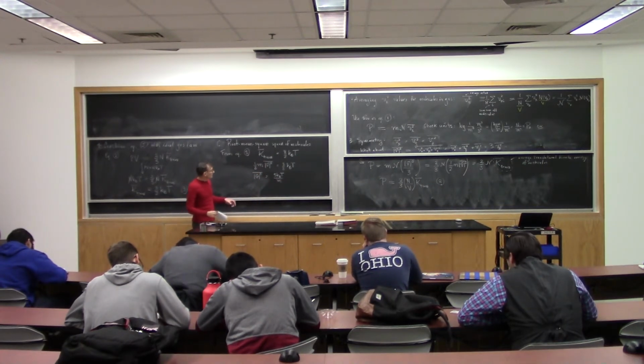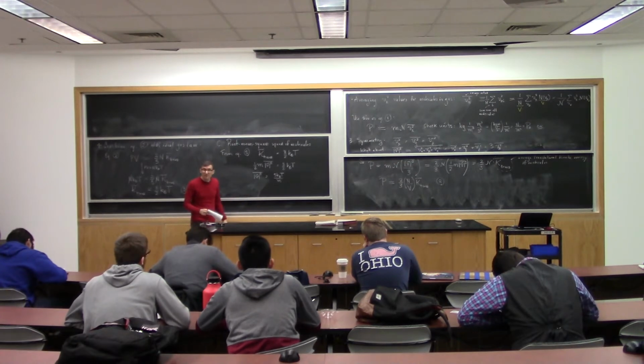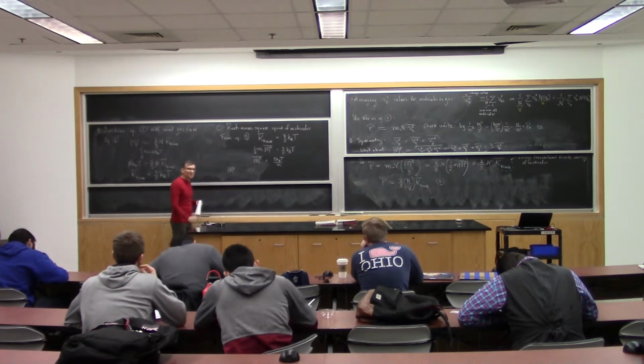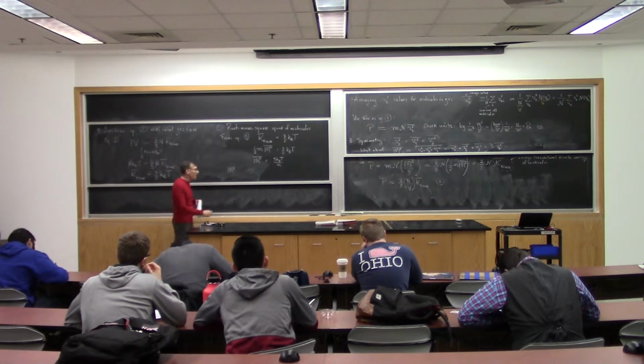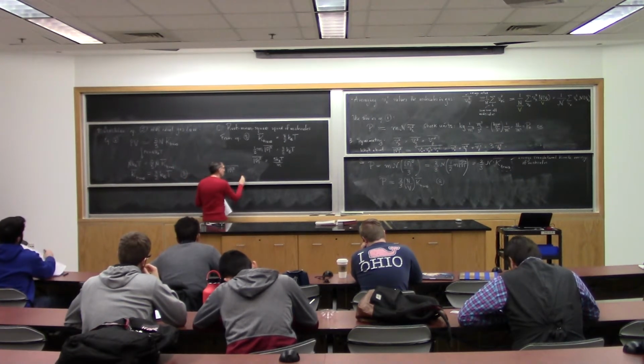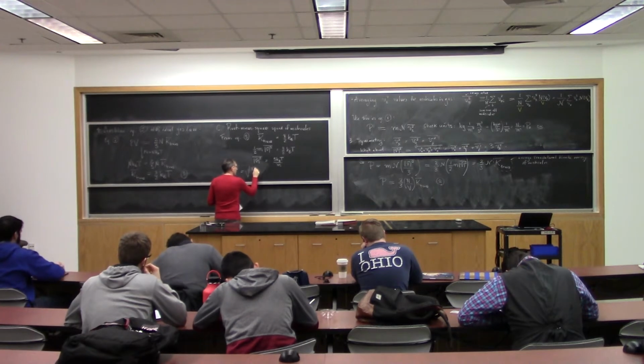And then let me just take the square root of both sides. On the left, I will have the square root of the average of the speed squared of all the molecules, and on the right, the square root of 3 k_B T over m.